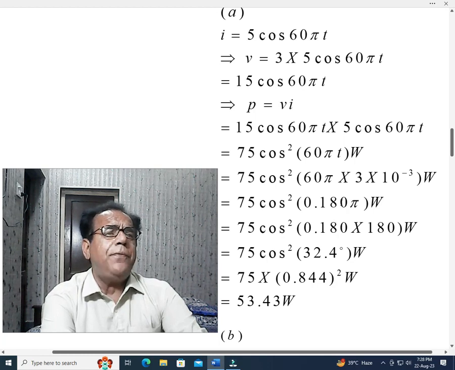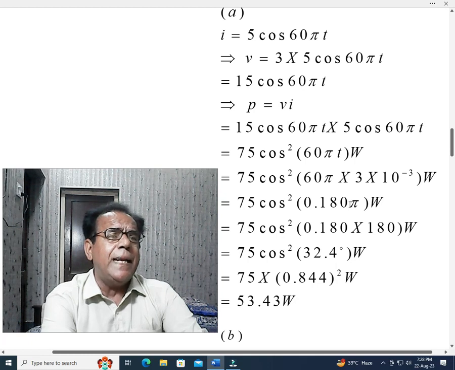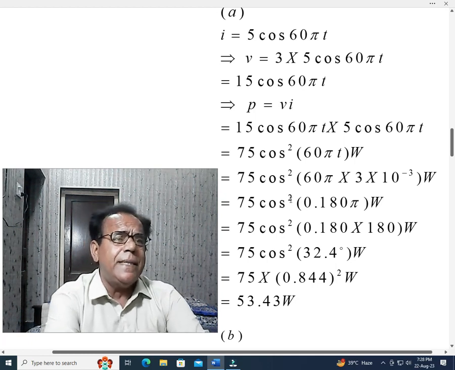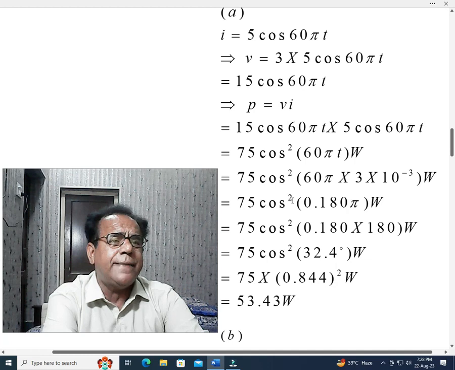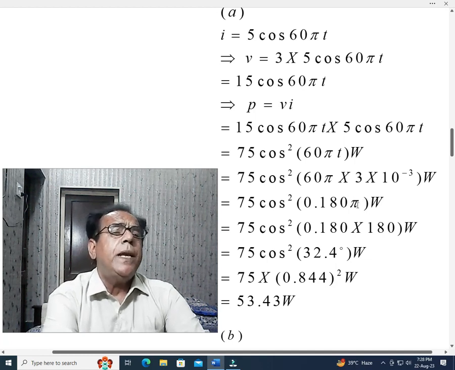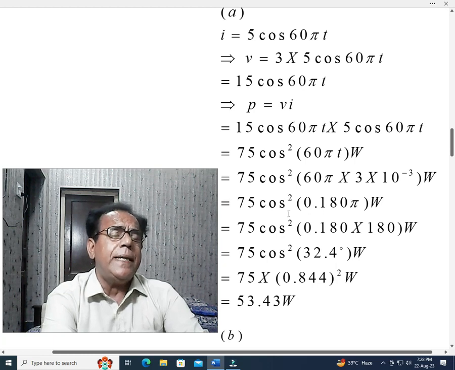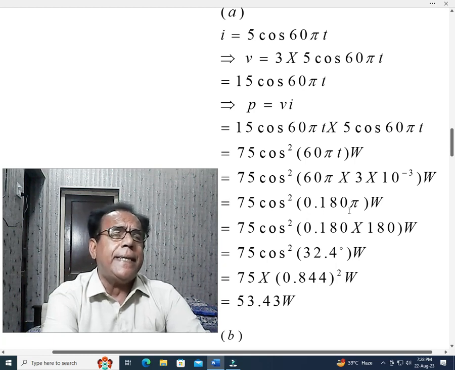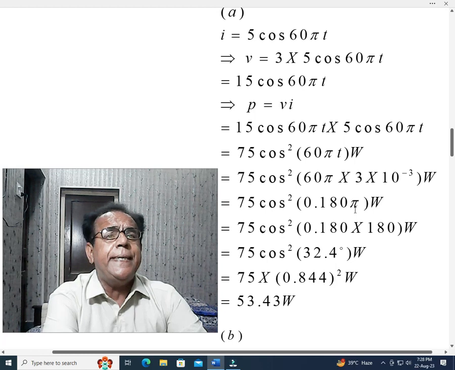And we know that when pi appears as an angle, that is, within cos square, then it is taken as 180 degree. When pi appears as an angle, it is taken equal to 180 degree.